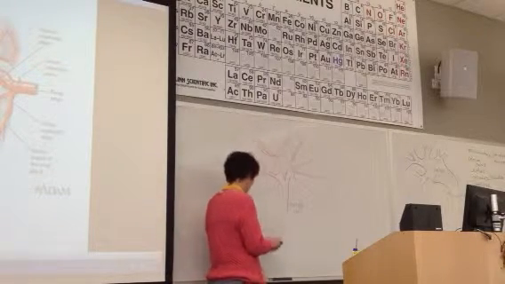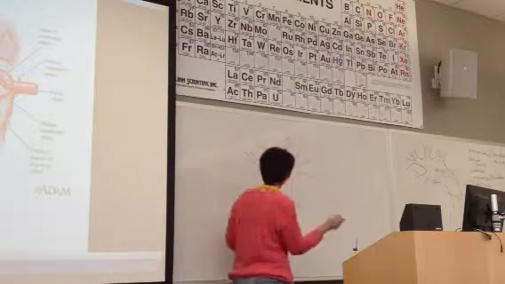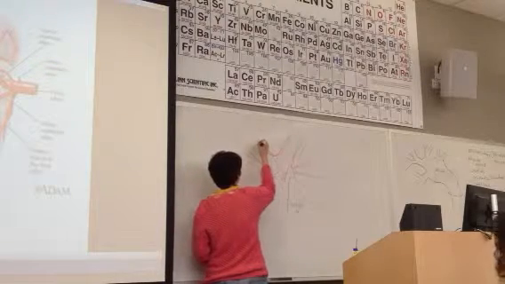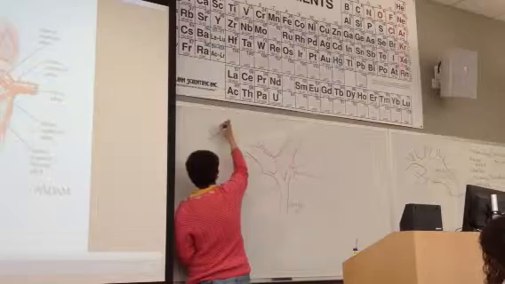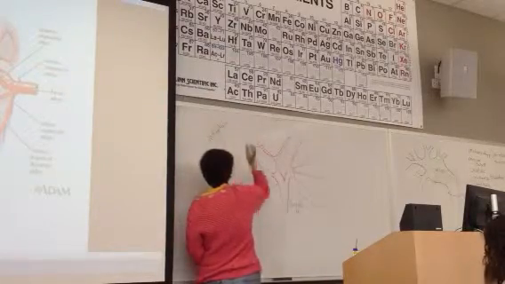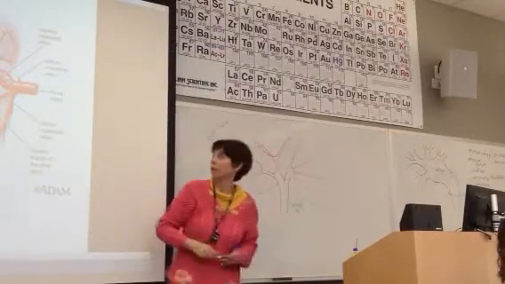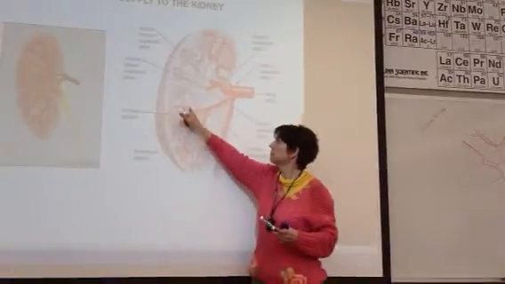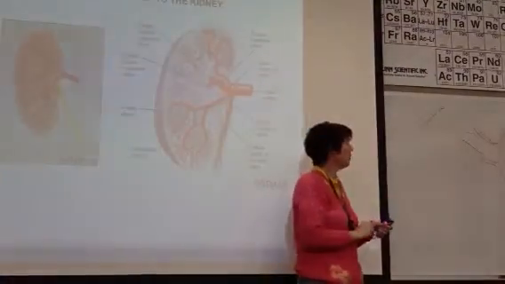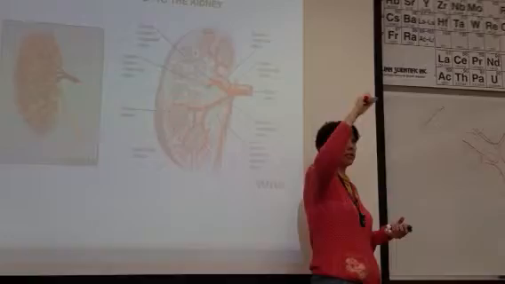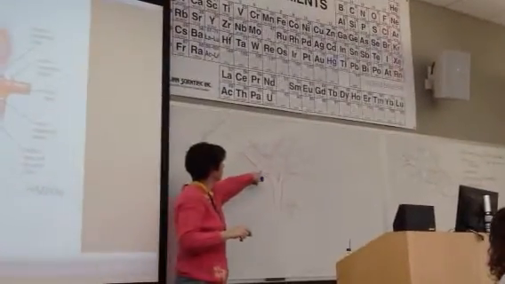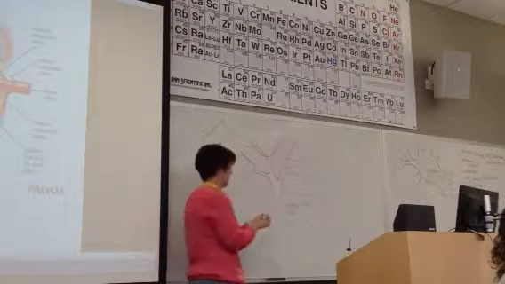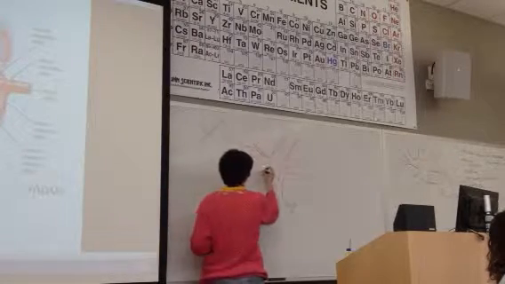So lobes are larger than lobules. So this would be interlobar. That would be these right here. Then each lobar artery is joined to form the arcuate artery. These are segmental, and these are renal. I'll write segmental down, but I'll put it in parentheses.